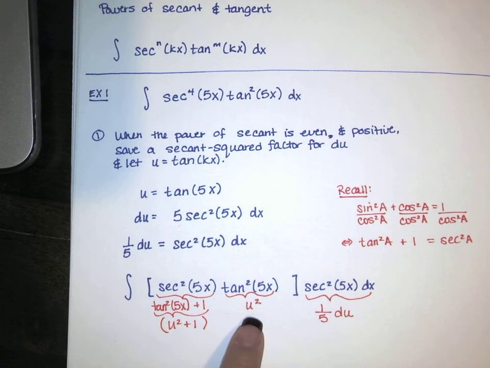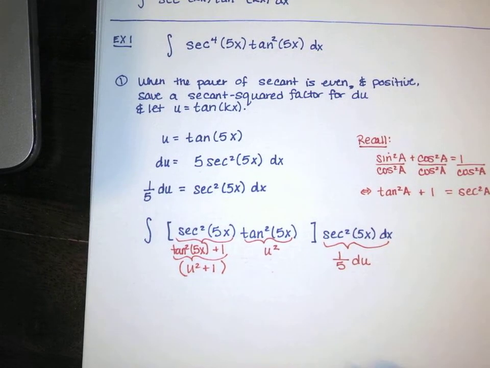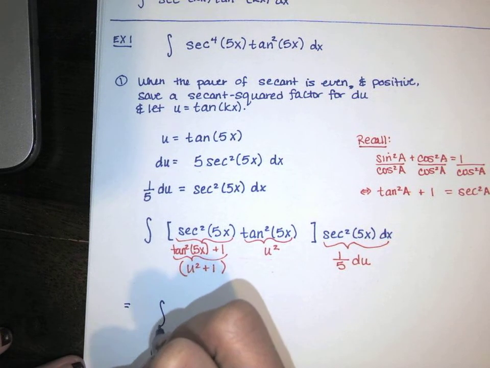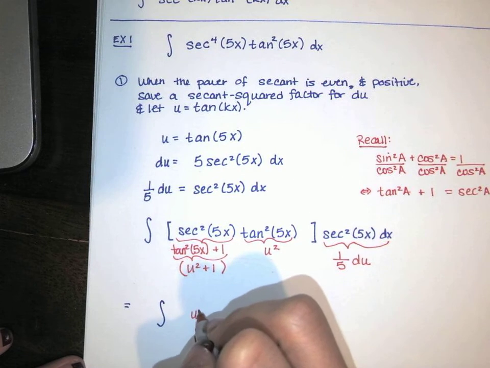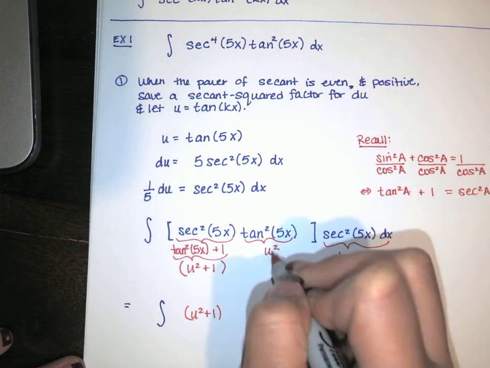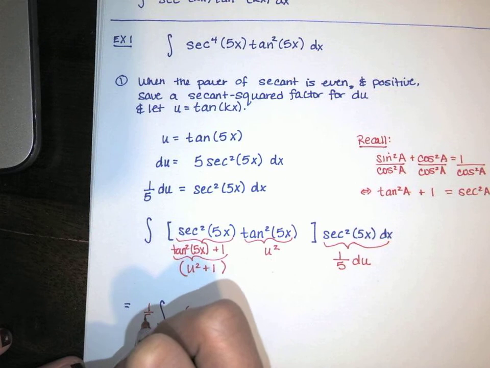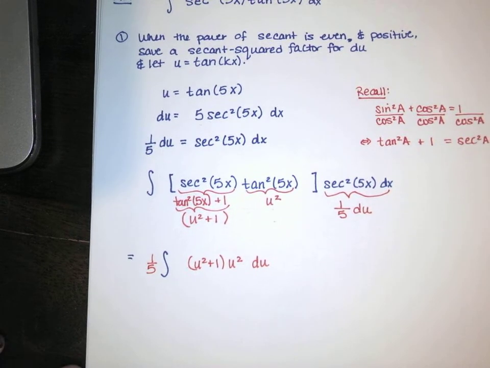This u squared multiplies the entire quantity u squared plus 1. So now it looks like I'm ready to write everything in terms of u. This piece is u squared plus 1. That piece is u squared. That's a 1/5 du. I'm going to bring the 1/5 out front. Write my du on the right-hand side.